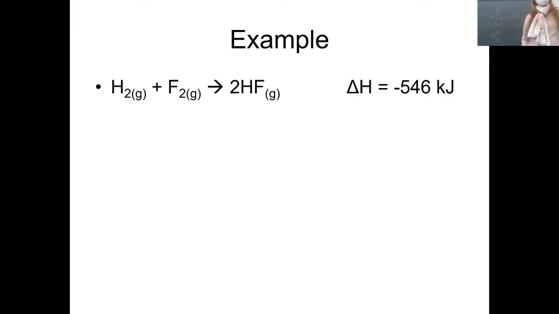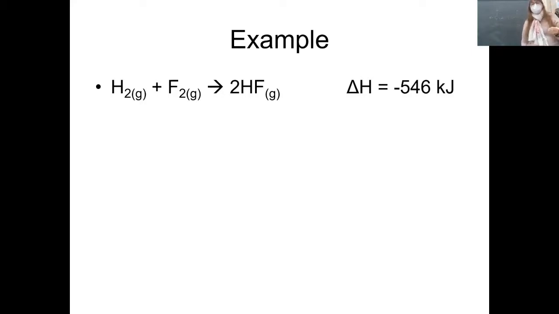So what that means is somebody actually did the experiment, reacted these together, and determined how much the temperature change was, and from that figured this number out. So this was experimentally derived. So we're going to see if we can come up with a pretty close number by doing our calculations.